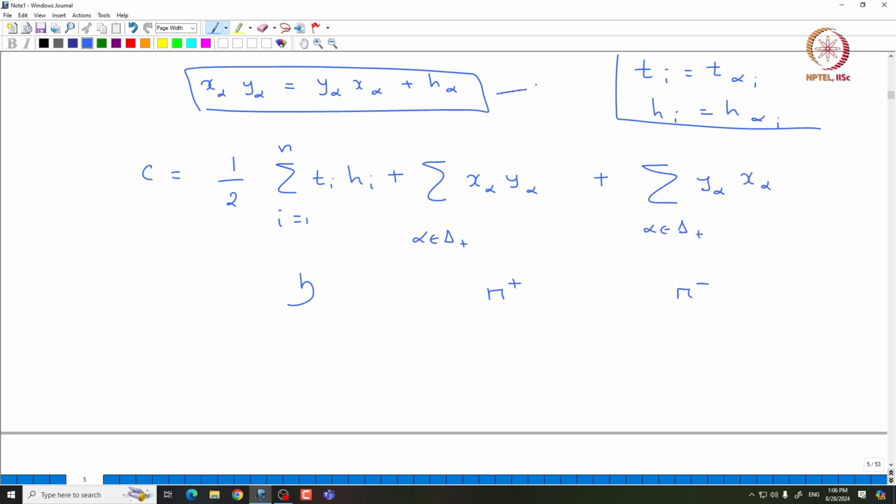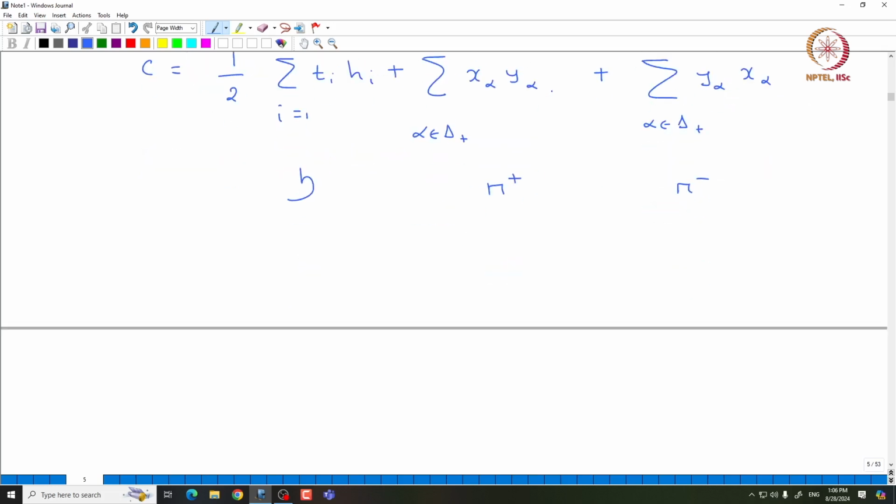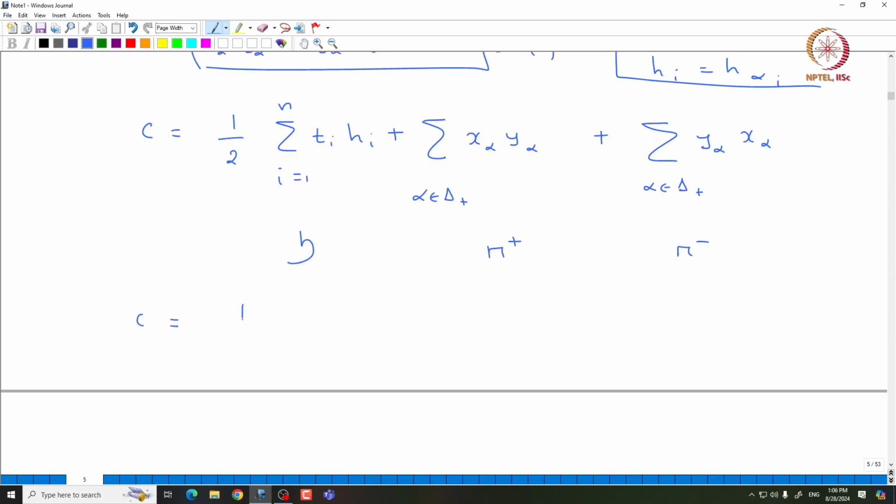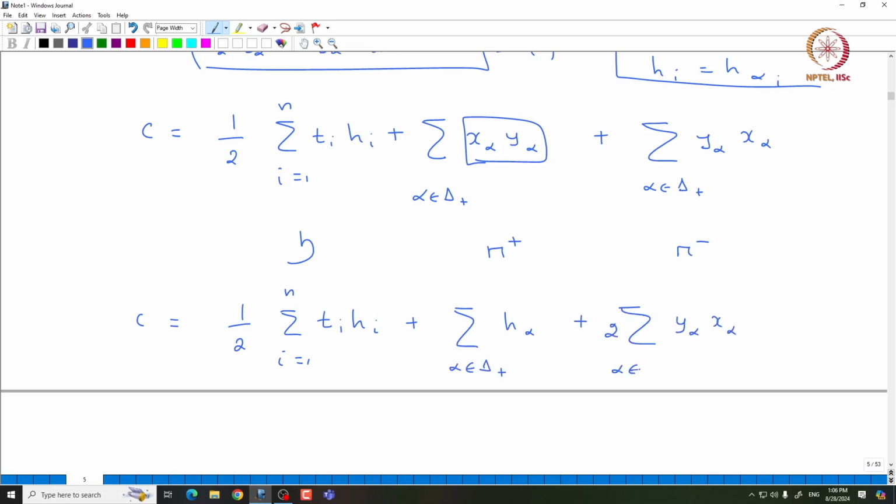Now use this star and rewrite these things, and you can easily see that C becomes ϰ times the summation of t_i h_i, i from 1 to n, plus the summation of h_α, α in Δ+, plus, since you rewrite this as y_α x_α plus h_α, twice the summation of y_α x_α, α in Δ+. So this is our Casimir element.